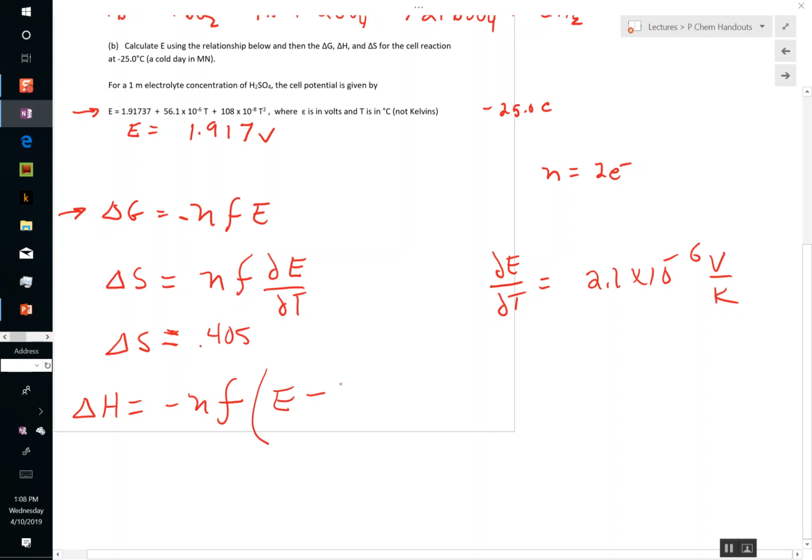Right, E minus T dE over dT, not plus T. I got plus because I thought the equation in the book was wrong. The equation in the handout was incorrect. We talked about this on Monday and said it was wrong. I think it was handed out to us positive, and it should be negative.